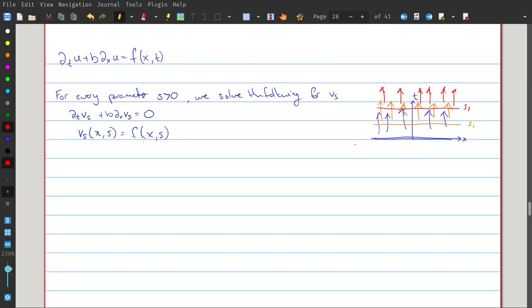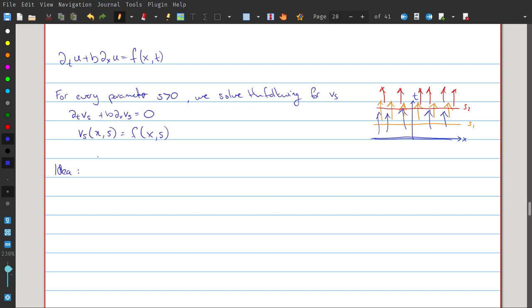Okay, so we can do this. What's the big idea? The idea is, if we add all these together, because we know the sum of any two solutions should also be a solution, but we do something more general.